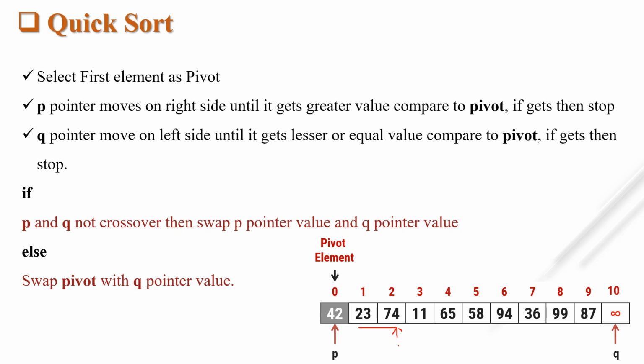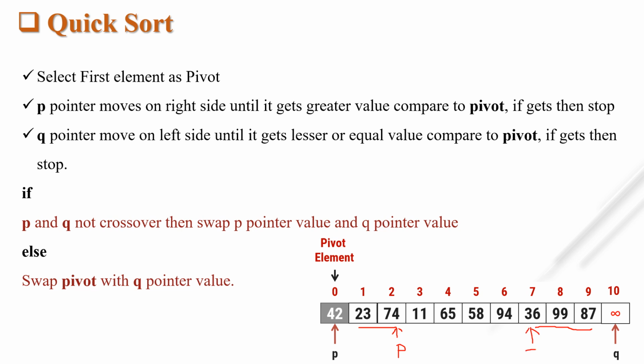Is that clear? Now q searches for an element lesser than the pivot element. First q checks 87. Is 87 less than 42? No. Is 99 less than 42? No. Is 36 less than 42? Yes. So q will stop here.